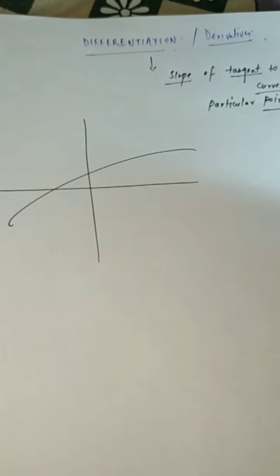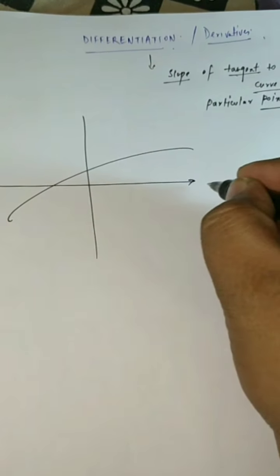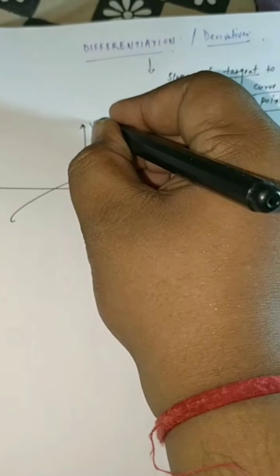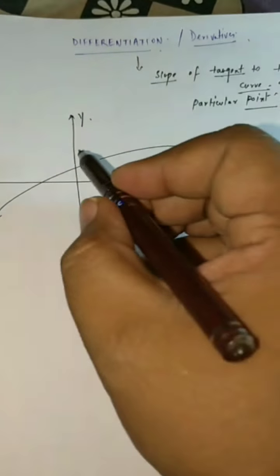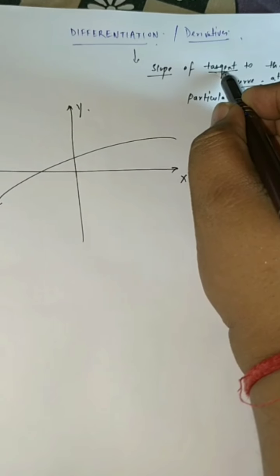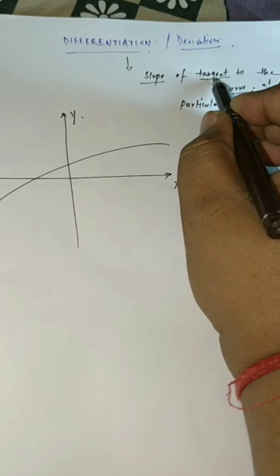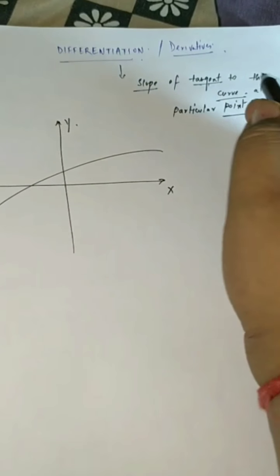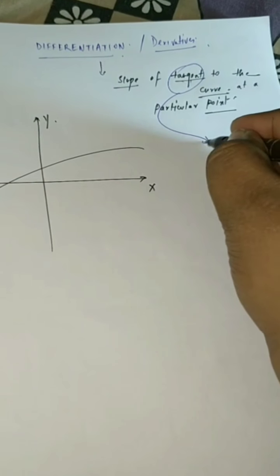Let me consider the Cartesian plane like this. Let this be a random curve. This be our x-axis and this be the y-axis. What is the meaning of a tangent? Tangent is a line which touches the given curve at one single point. So the definition has to be noted down.